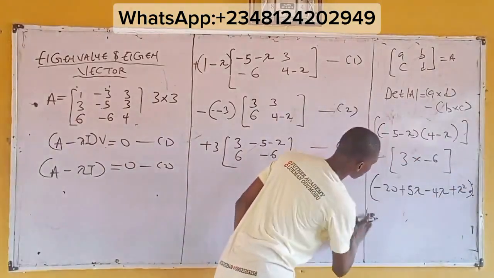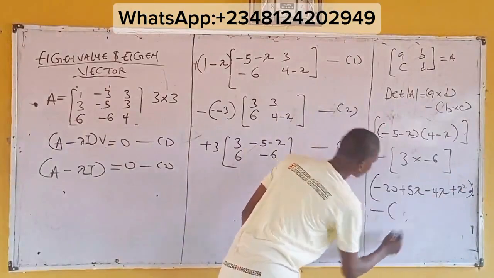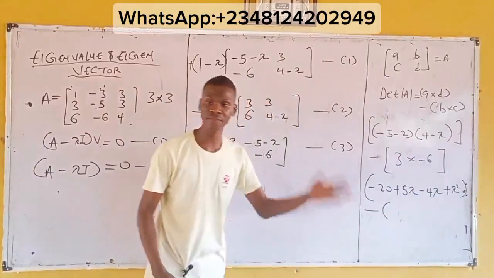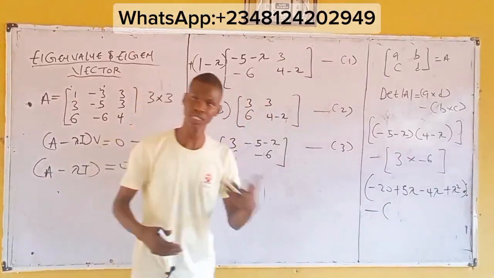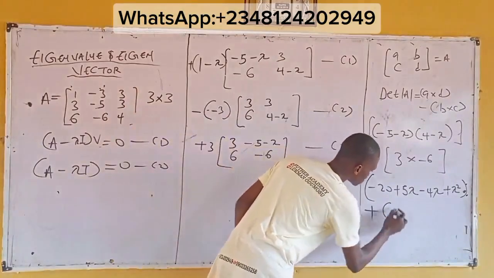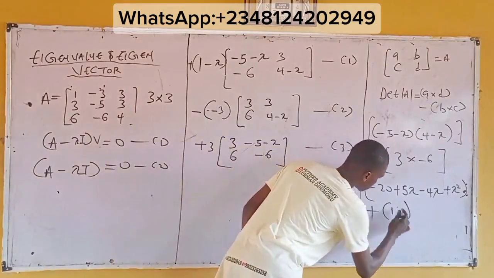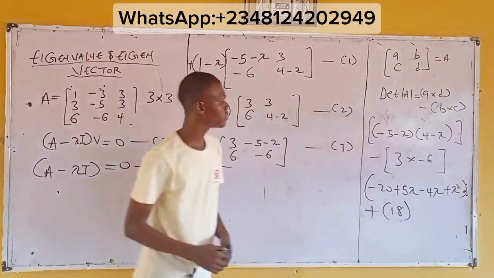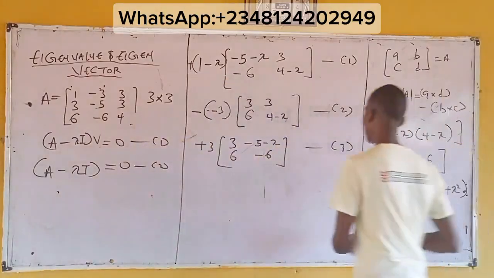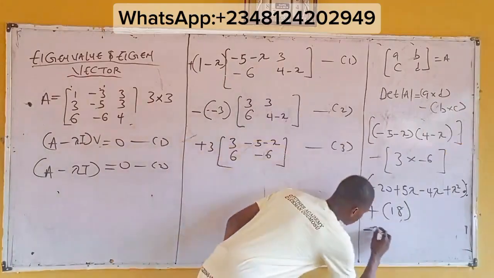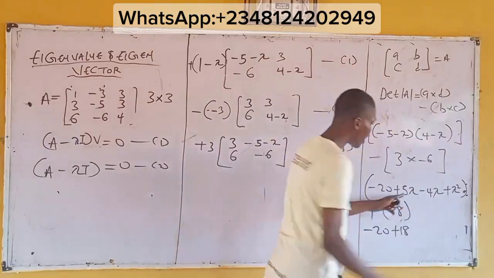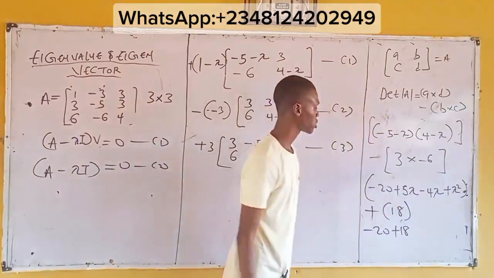So from here, we have minus 3 times minus 6, which is what? Positive 18, right? Meaning you have positive 18. Now, let's bring this guy out. From here, we have negative 20 plus 18, 5 lambda minus 4 lambda, that's what?